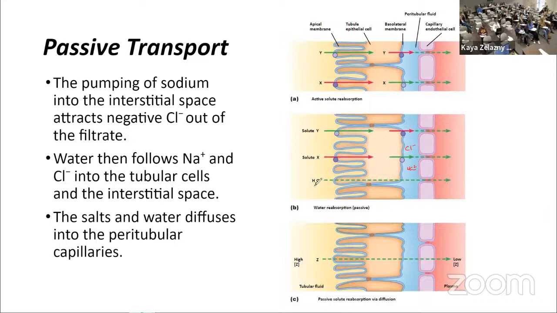So that is how the water is getting pulled. Okay, so you can see the water is getting pulled towards those solutes that have moved here. Okay. So that is how this is basically working. And then once they're here, they are then going to diffuse into the peritubular capillaries that are next to it. Okay. Because now we have these high concentrations here, relatively lower as the plasma keeps flowing past.